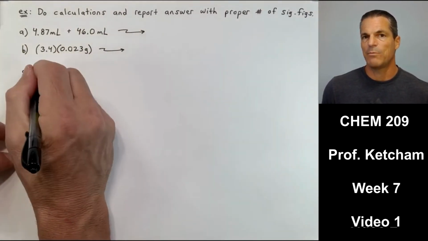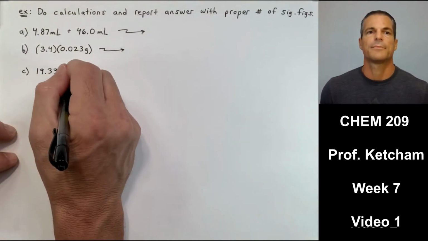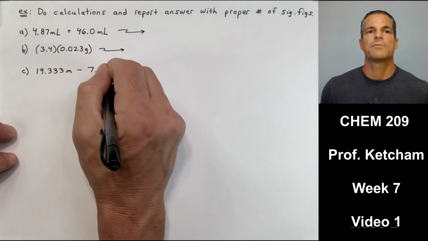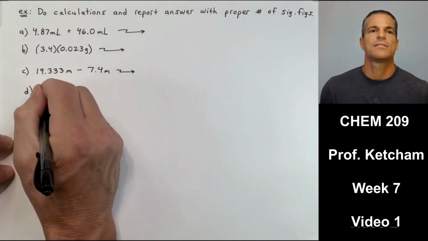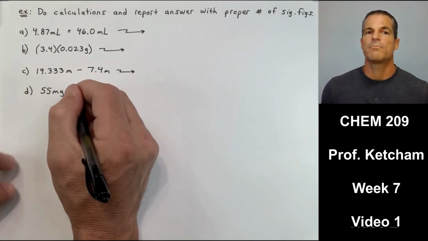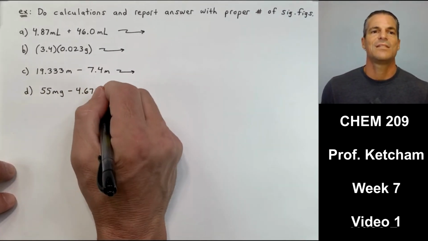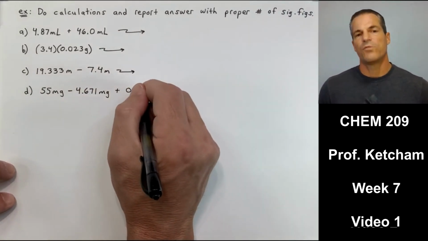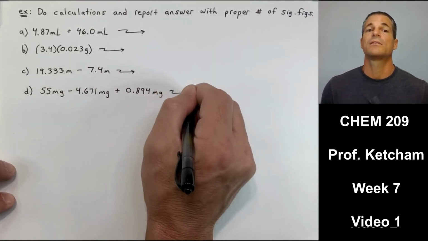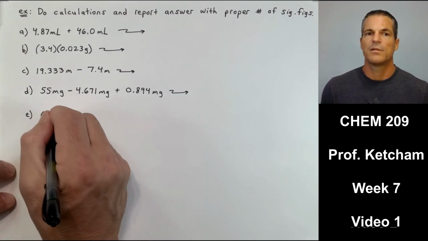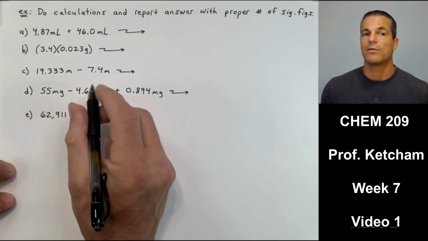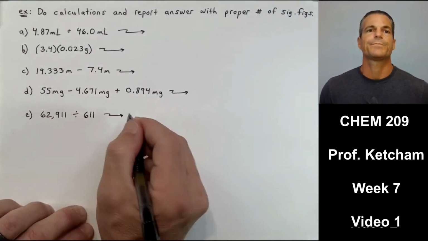You have to have them in the same units if you add or subtract. B, 3.4 times 0.023 grams. C, 19.333 meters minus 7.4 meters. D, 55 milligrams minus 4.671 milligrams plus 0.894 milligrams. So we'll be subtracting and adding 3 things in D, but that's okay.